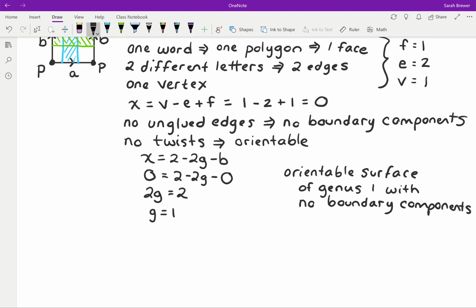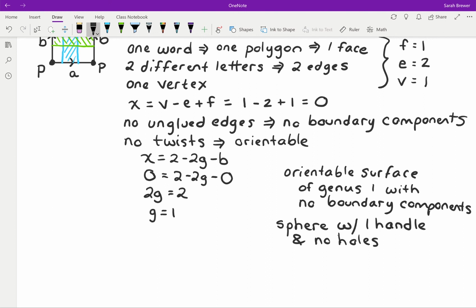So remember we said that genus of a surface is the number of handles or number of cross caps that get attached to the sphere. So if I have an orientable surface of genus 1, that means this is equivalent to a sphere with one handle and no holes.